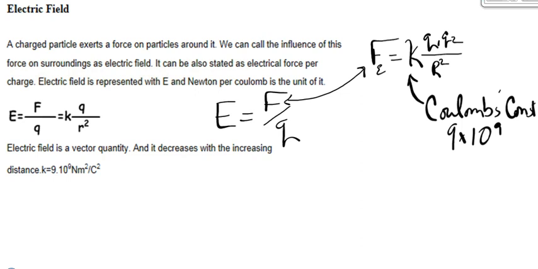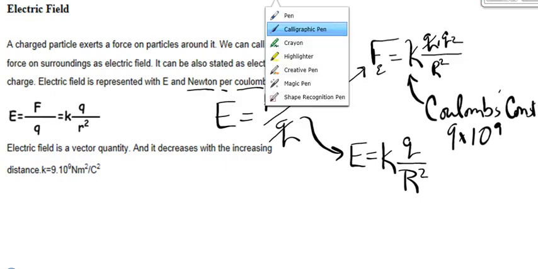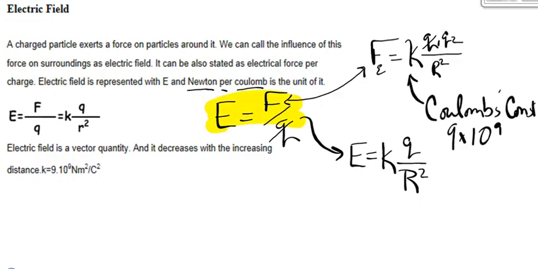Well, if you take that whole term and you divide by Q, you lose a Q out of it, and what you're left with is K, which is still Coulomb's constant, Q over R squared. And once again, the units are just going to be newtons per Coulomb. So you will have it on your equation sheet both as this and as this.